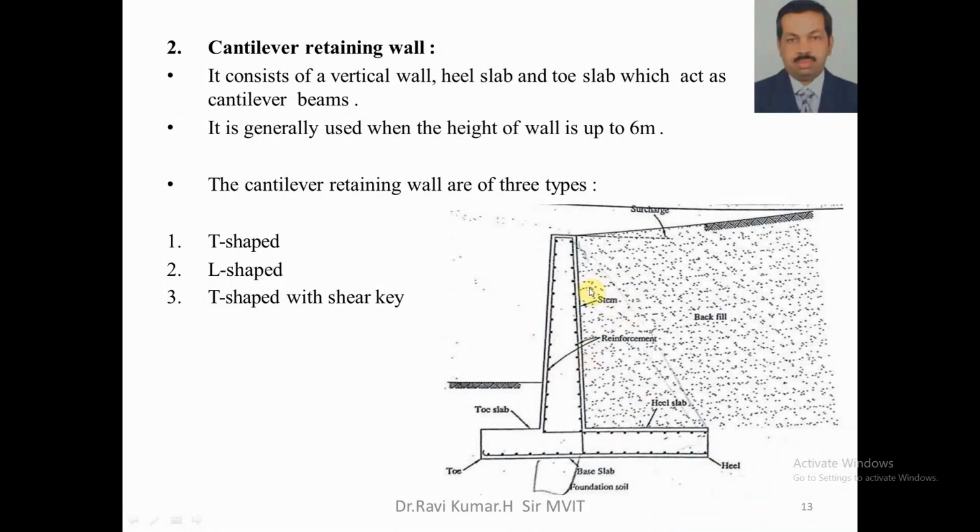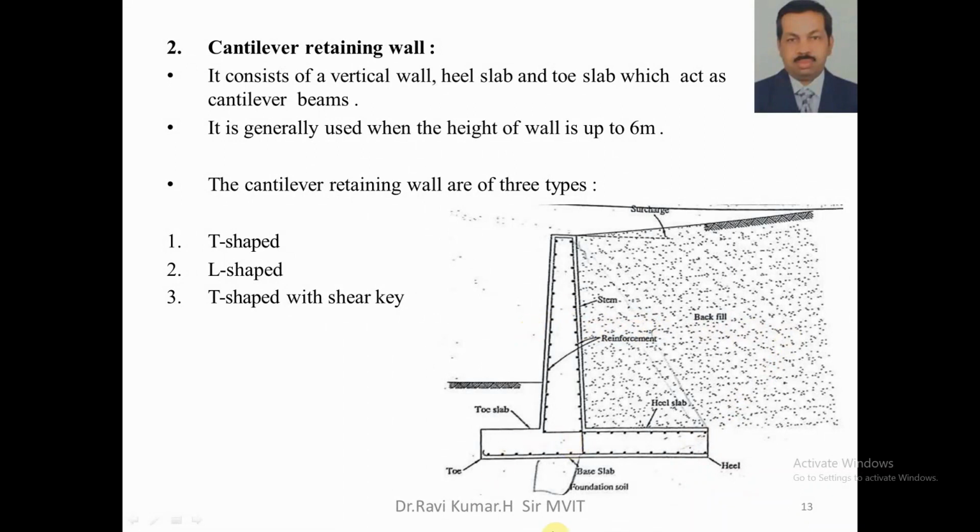Now, let us try to understand the geometry of a cantilever retaining wall. This might be a T shape, or sometimes I don't provide a toe slab, then it becomes an L shape. And as I told you, due to the pressure of the earth, this might slide.